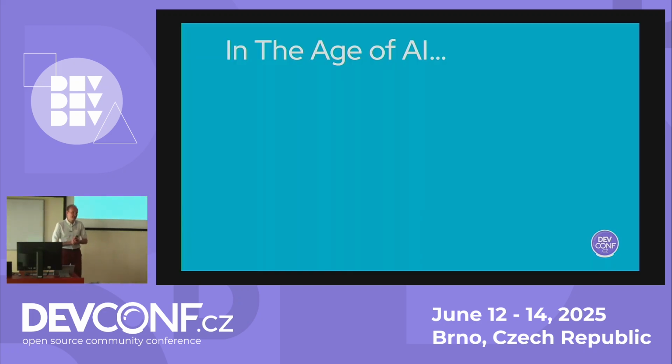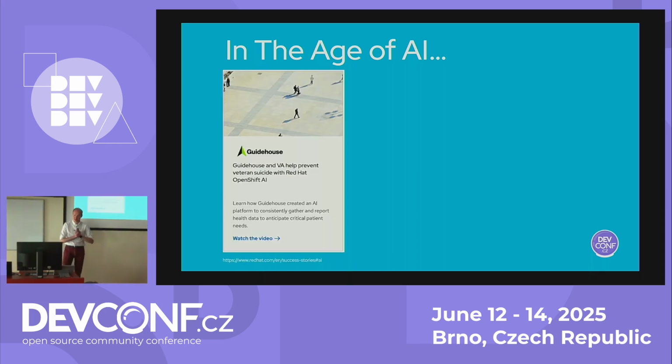Now imagine, in the age of AI, we are doing some beautiful things, and this is just one example of what we at Red Hat are doing with AI. We're helping with the exploration and prevention of veteran suicides, powered by OpenShift AI and other technologies. Quite an exciting world that is powered by AI, right?